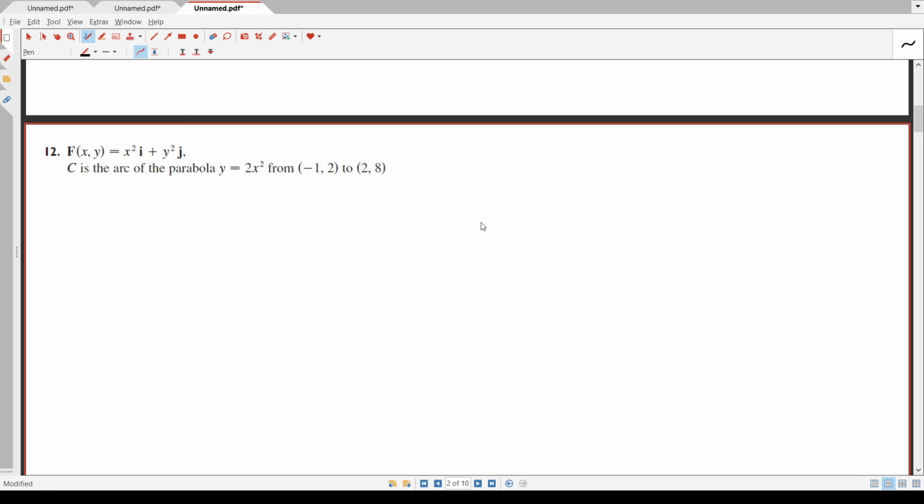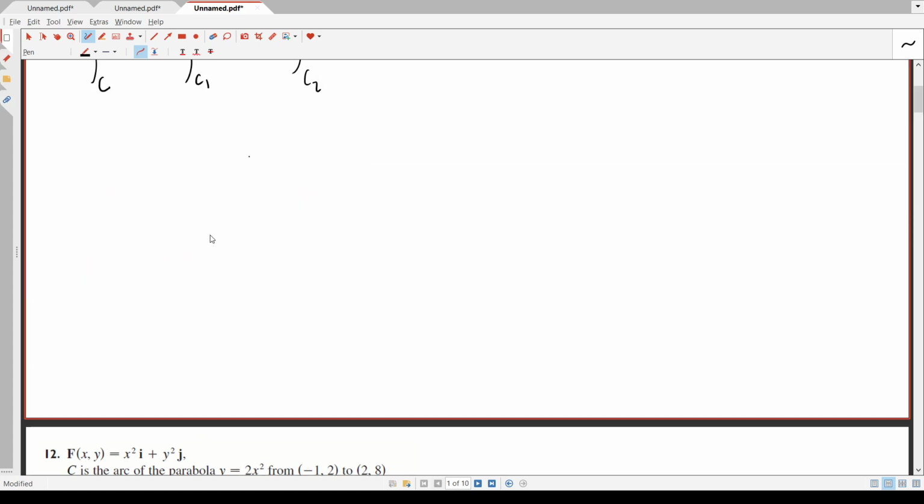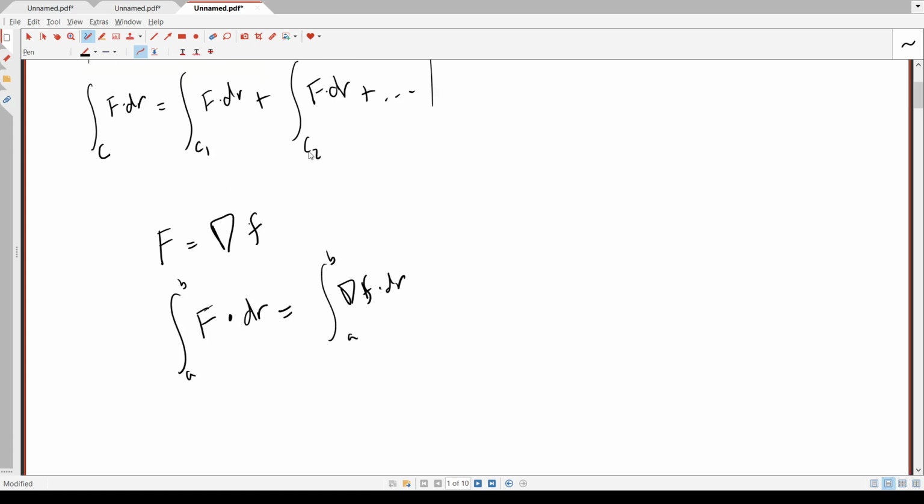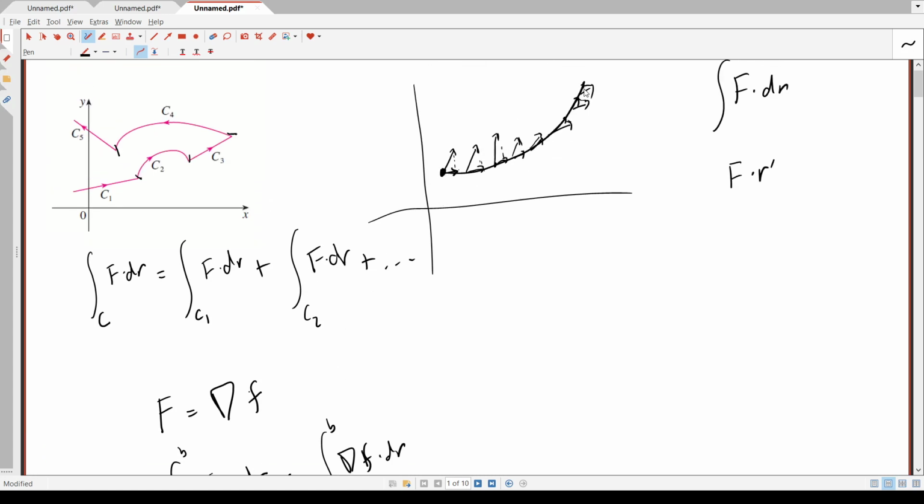Okay, it's because if we can write a function as a gradient of something else, so if we can write F equals the gradient of some potential function, then the integral of F from point A to point B, whatever the coordinates are, dot dr, this basically just becomes integrating the gradient of f dot dr from point A to point B. And real quick, when I say point A and point B, that just means the start and end.